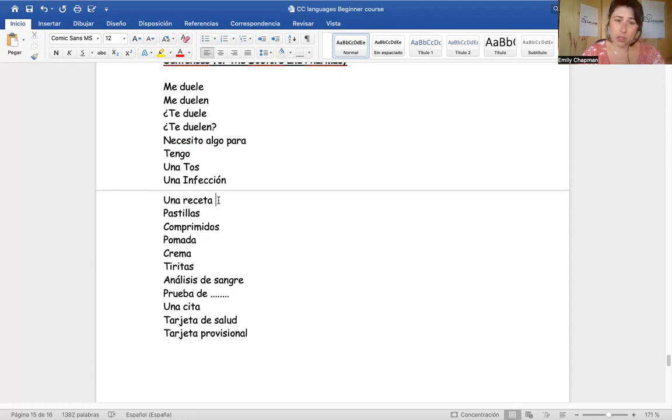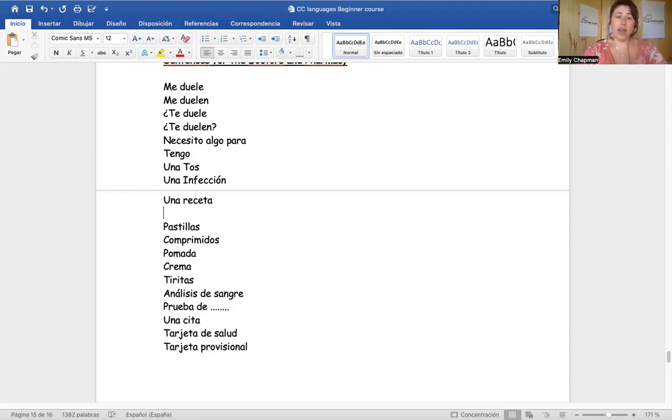Una receta, prescription, which is also called now, if it's the non-paper version, which they're using a lot now, receta electrónica, which is like the online prescription that gets sent to the pharmacy.